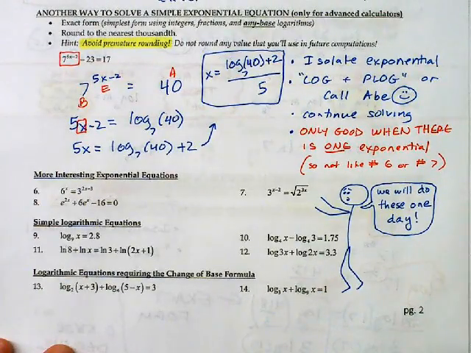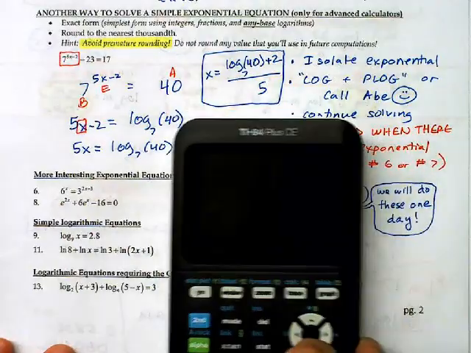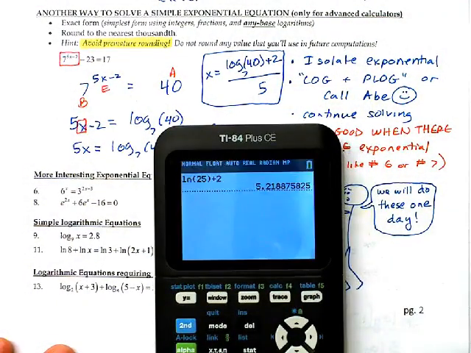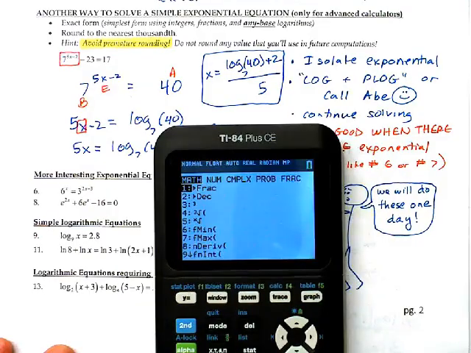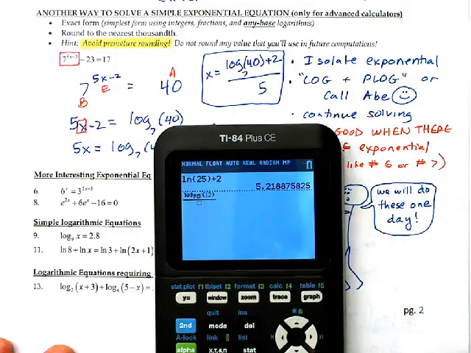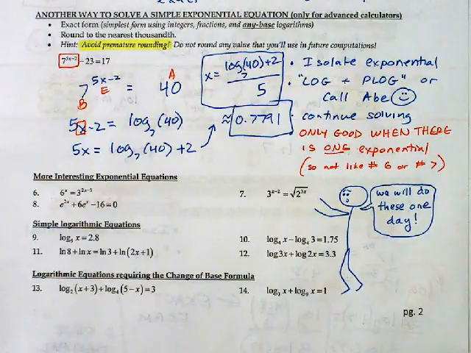That would be the exact form of your answer, and if then you required a decimal approximation, we could make that happen too. And that would be about 0.7791. So there's your introduction to the basics, and we'll solve more complicated ones together.